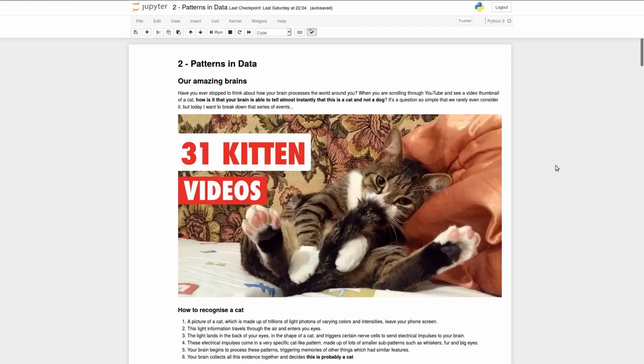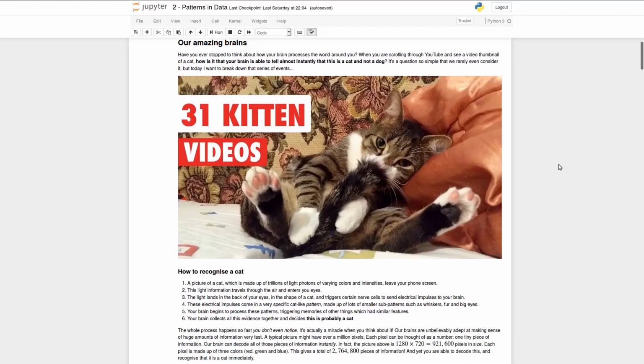And those nerve cells are going to send electrical impulses to your brain, which your brain is then going to perform some kind of neurological computation on and form this idea or sense of a cat. So that's actually a pretty complicated process, and it's pretty amazing that happens instantly.